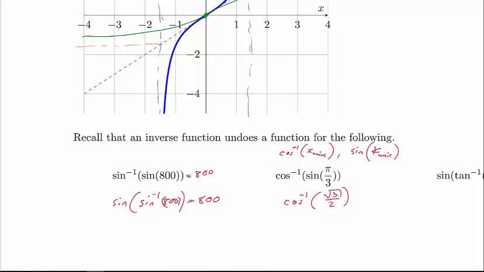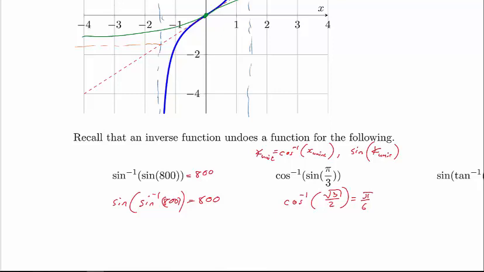And then you take the inverse cosine of square root of 3 over 2. What angle does it take to get to an x coordinate of that one? Well, that's going to be pi over 6, because the inverse always outputs an angle on the unit circle. So pi over 6, that's it.